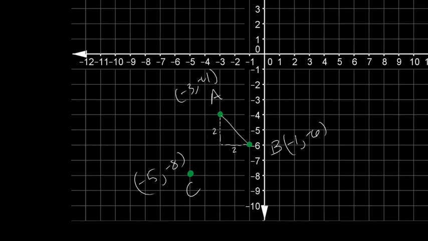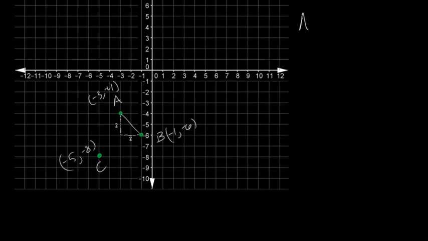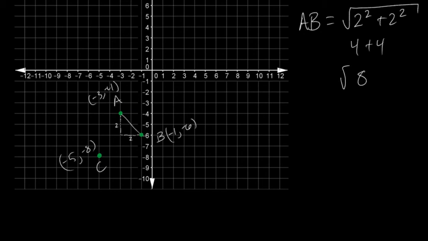So the length of segment AB is equal to the square root of 2 squared plus 2 squared. That's me shorthanding the fact that the hypotenuse squared is one leg squared plus the other leg squared. Both of my legs here are 2. So this is the square root of 4 plus 4, which is 8. So the square root of 8 is the length of segment AB.